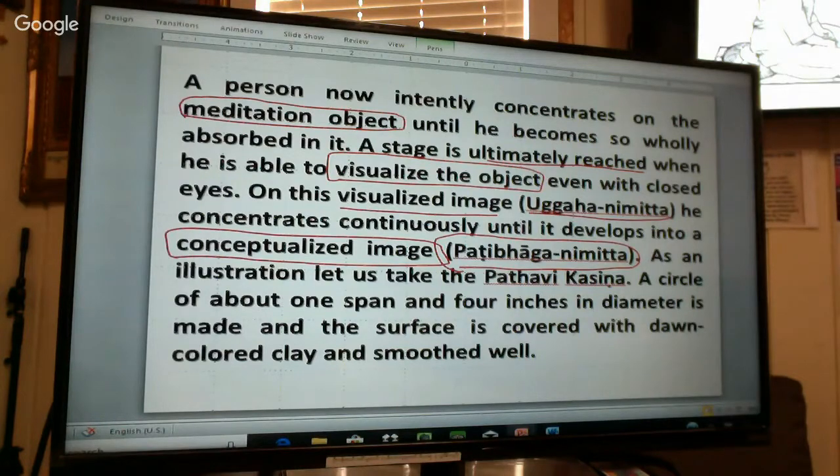Okay, so as an example, take the Pathavi kasina, meaning the earth disc, about one square, four inches in diameter. You put the clay and make a very smooth surface, and put it in front of you. Maybe the color is a dawn color.